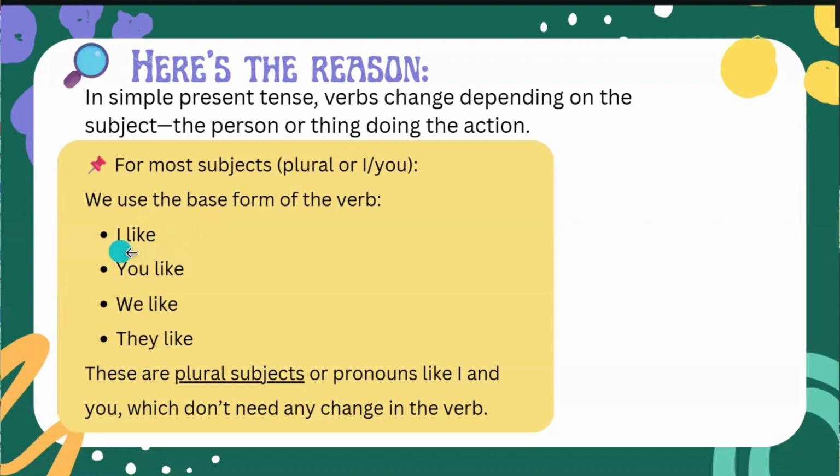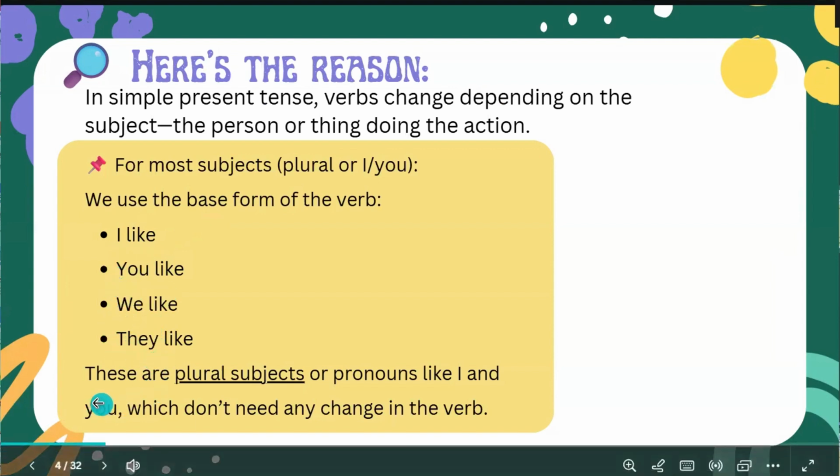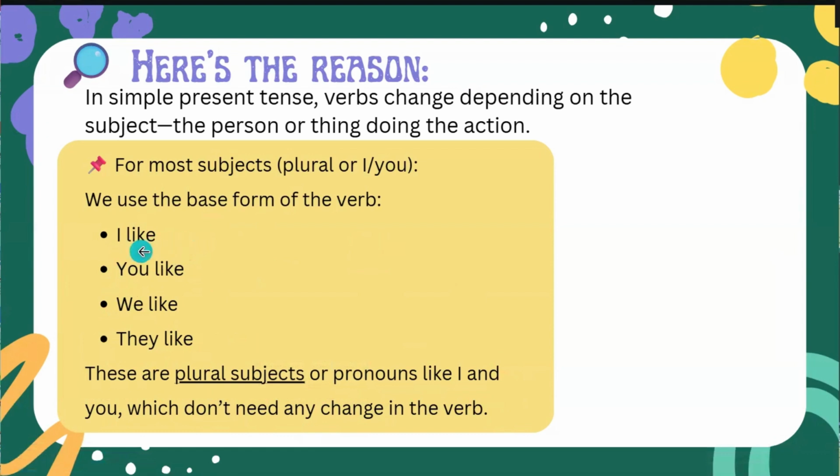So wala siyang S, base form yan. So we say I like, you like, we like, they like. So these are the plural subjects or pronouns like I and you, which don't need any change in the verb. Okay. So remember, kapag base form ang ating verb, pag walang S, dahil yun sa subject niya na plural.